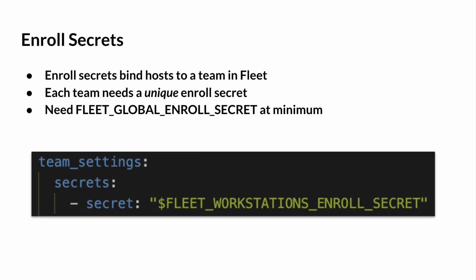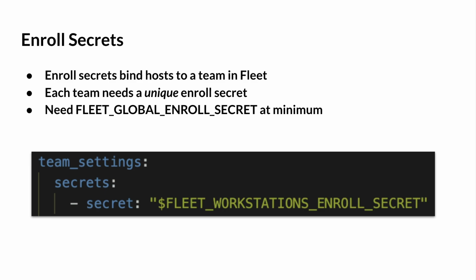All right, enroll secrets. Enroll secrets will come up here at the beginning when we're initializing the repo and getting started. Basically, it's a secret that binds a host to a team. It's really just a string, I think 32 characters long is the minimum. That's how you assign devices to a team when you're building your installer. So each team needs a unique enroll secret.